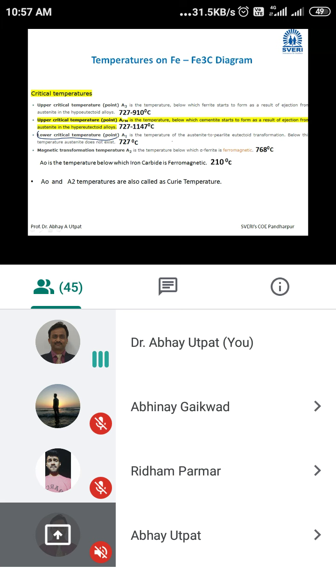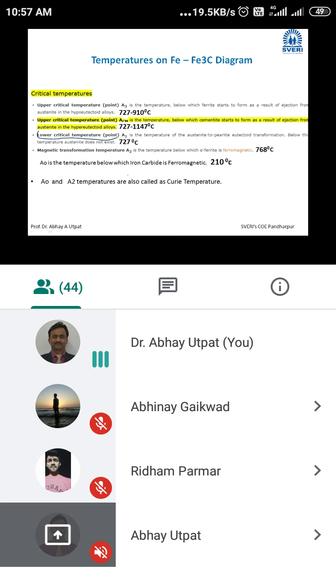Underline this word, normal circumstances. 727 is the borderline below which there is no FCC, and if you heat, BCC will convert into FCC. That is the lower critical temperature. And now two temperatures are remaining, A2 and A0.